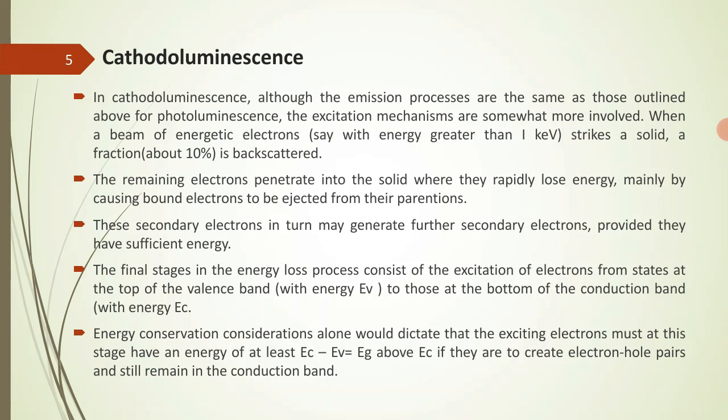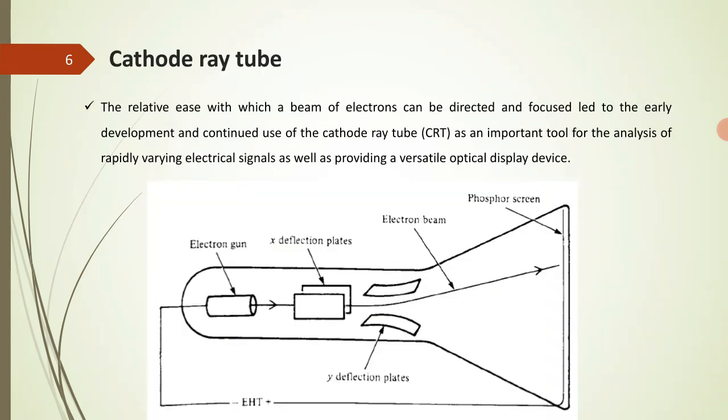The final stage in the energy losses consists of an excitation of electrons from a state at the top of the valence band to those at the bottom of the conduction band. Cathodoluminance is explained with the help of the cathode ray tube.